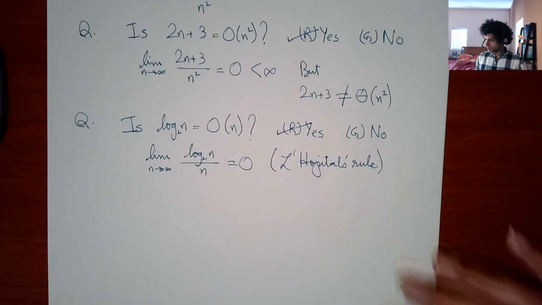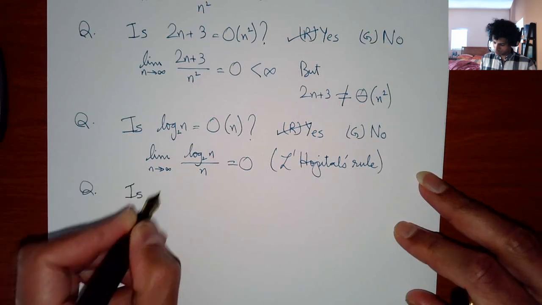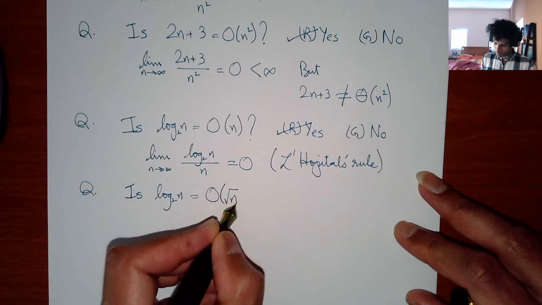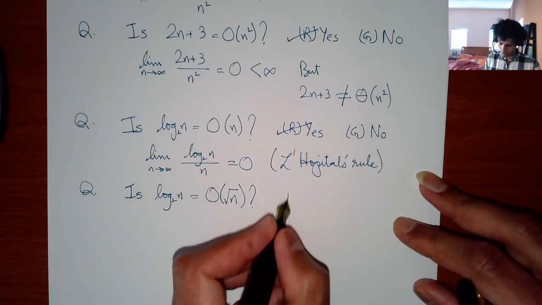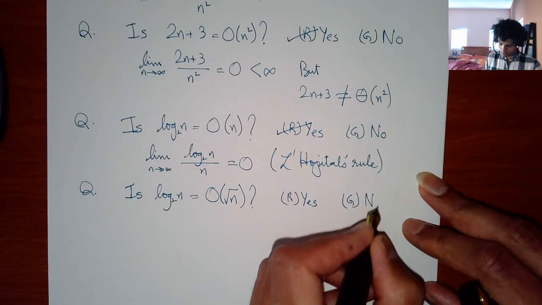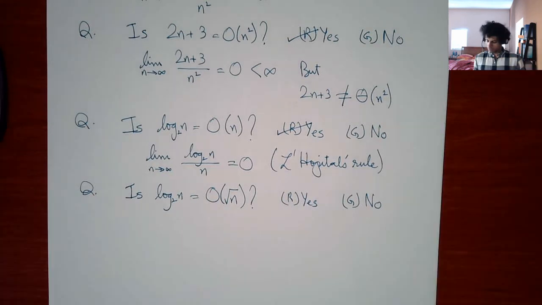Okay, let me ask you now, is log base 2 of n O of square root n? Yes or no? Let me relaunch the poll. So is log base 2 of n O of square root of n?